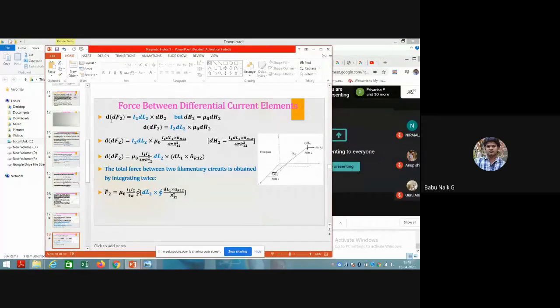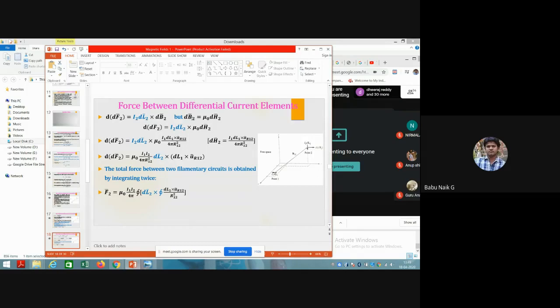So the differential force at point 2 is equal to the current I2 with the length element dL2, cross the magnetic field dB2 that is produced.